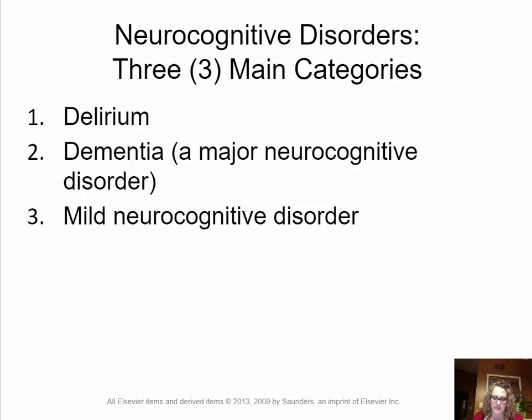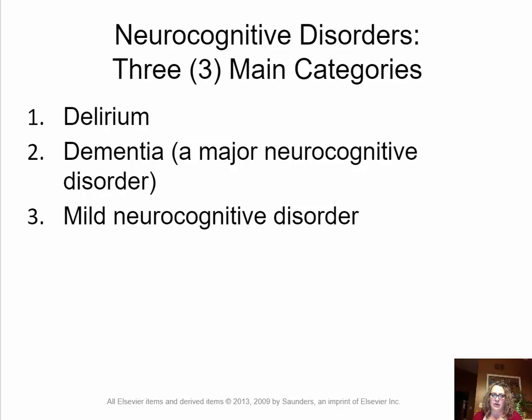The major differences are explained there in that table as far as the onset, the cause or contributing factors, cognition, level of consciousness, activity level, emotional state, the effect on speech and language, and prognosis.